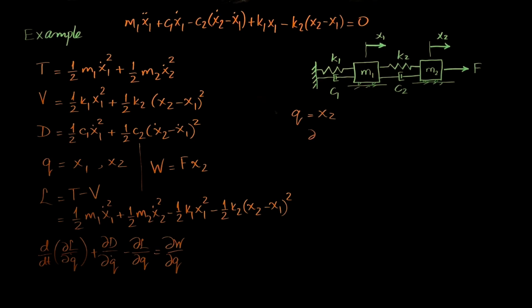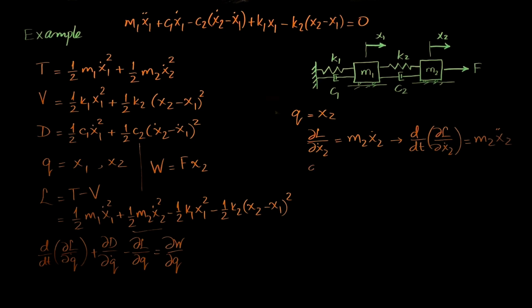The partial derivative of L now with respect to x2 dot. The Lagrangian here, there's only one x2 dot term, which means that the derivative is m2 x2 dot, and the time derivative of this, partial L partial x2 dot, is m2 x2 double dot.